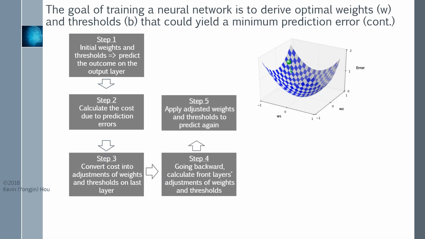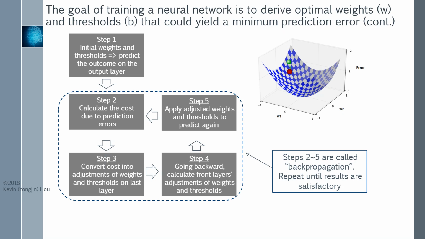Now, all the weights and thresholds, aka all the parameters of the neural network, got adjusted based on the last round of prediction error. With that, we can repeat this process 2, 3, 4, 5 times again.